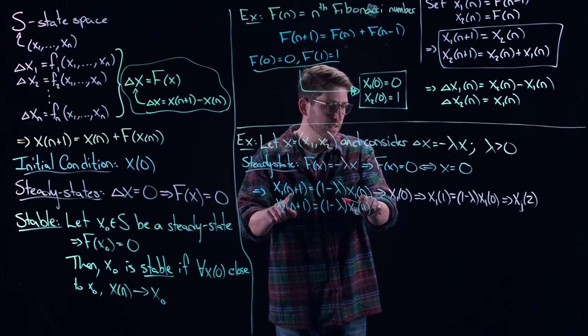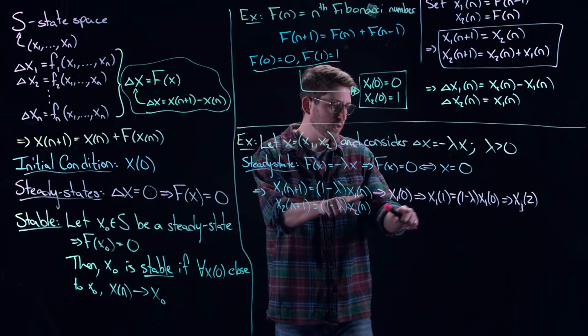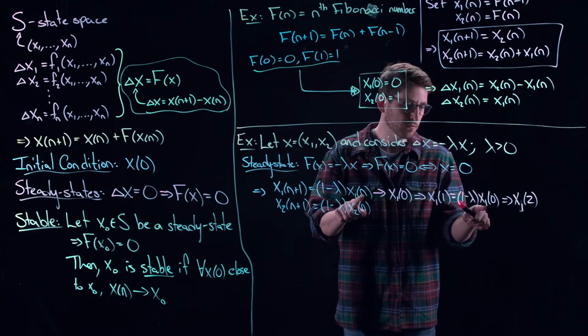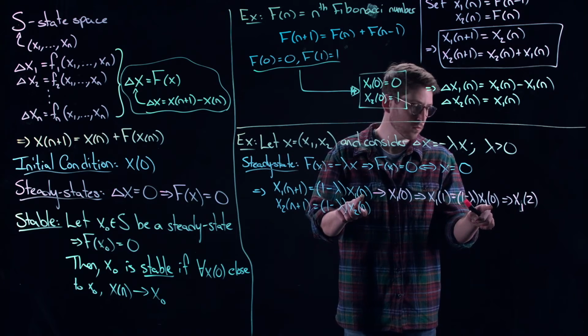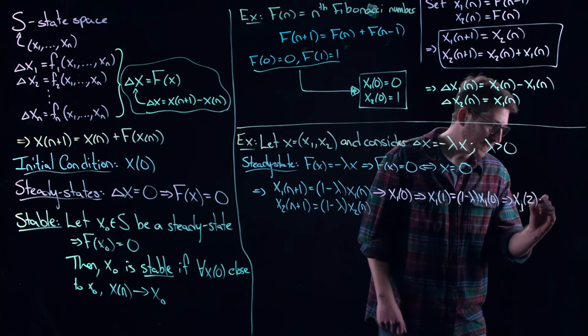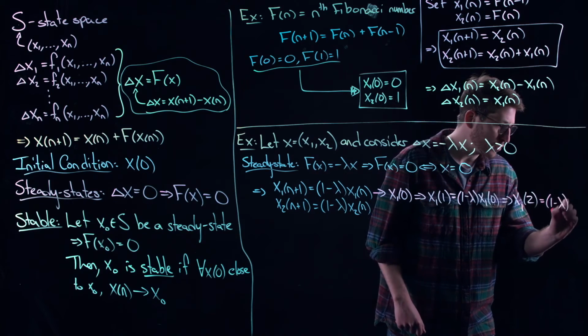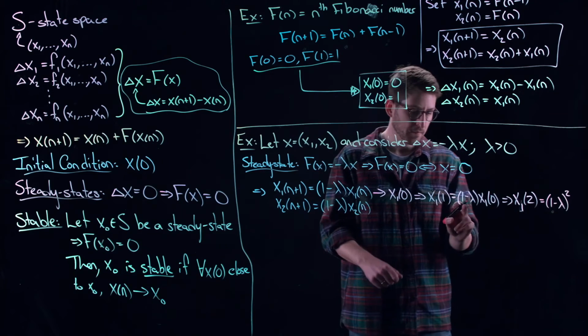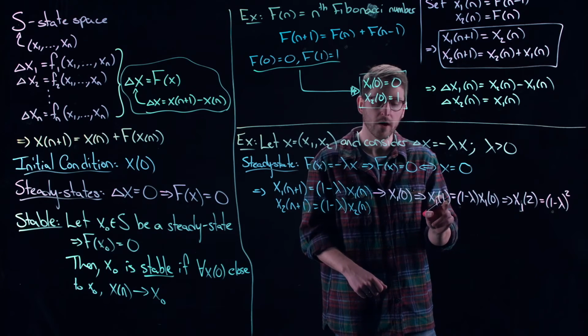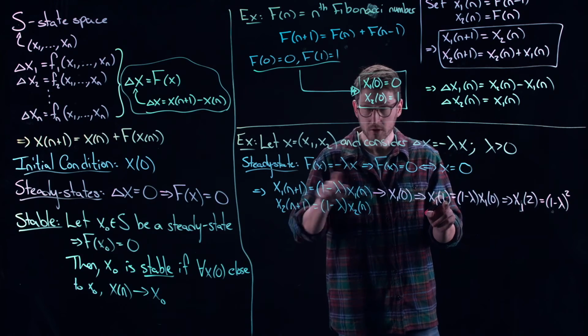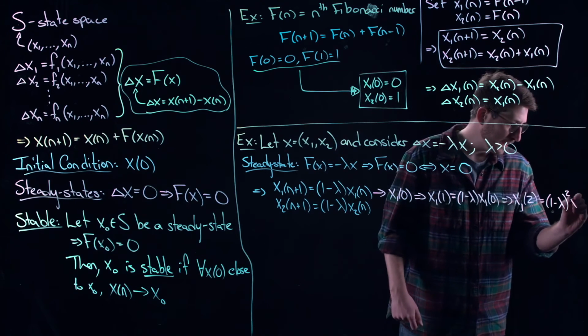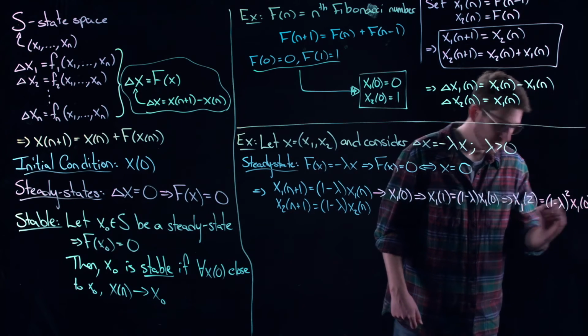N equal to 1 gives me x1, which I know can be written in terms of x1 of 0. So in this case, I get 1 minus lambda squared, 1 coming from this x1 of 1, and 1 coming from the original recurrence relation, and then times x1 of 0.